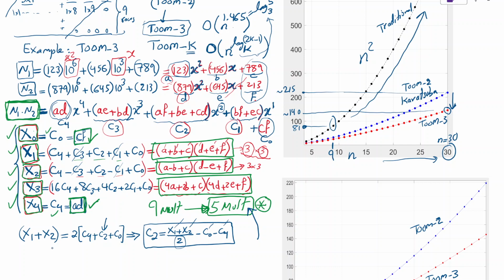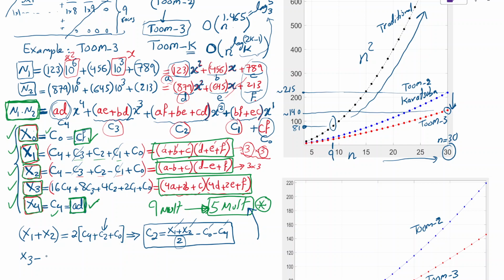The same process can be repeated in the sense that now we can use a combination of, say, for instance, x3 minus, let's say, we can get rid of C1 and keep C3 as a result.